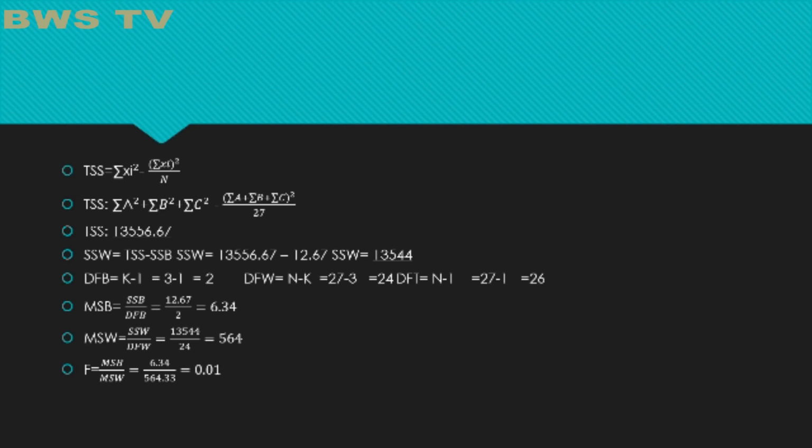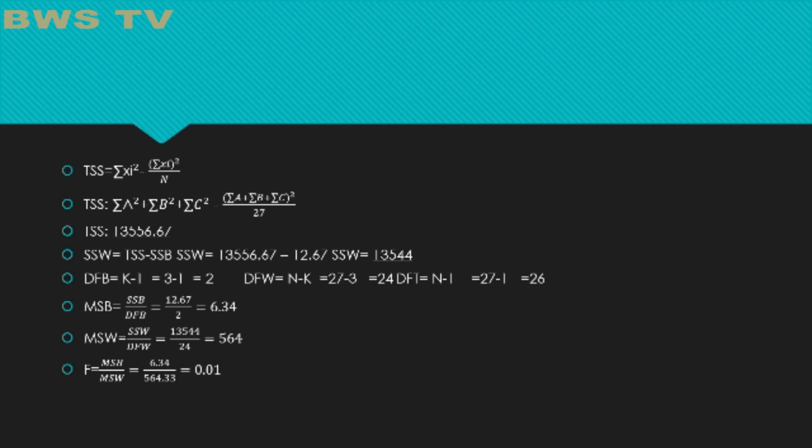MSB is SSB over DFB, substitute it and the answer will be 6.34. MSW is equal to SSW over DFW, substitute it and the answer will be 564.